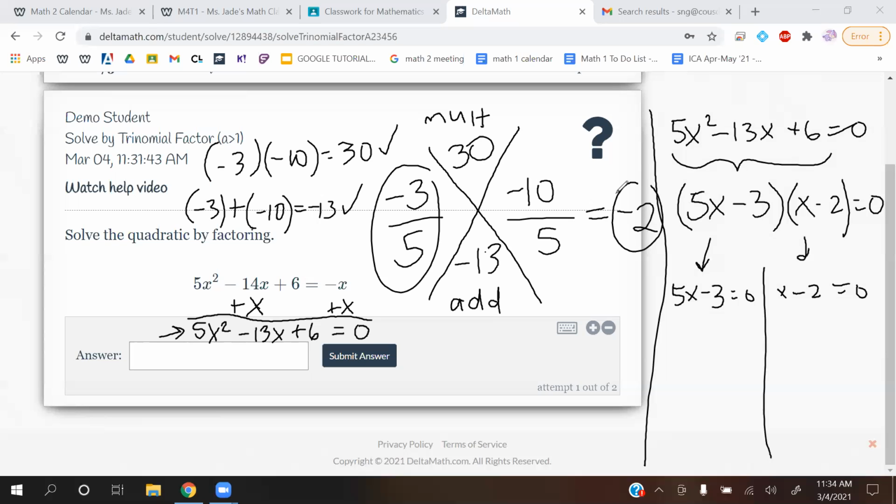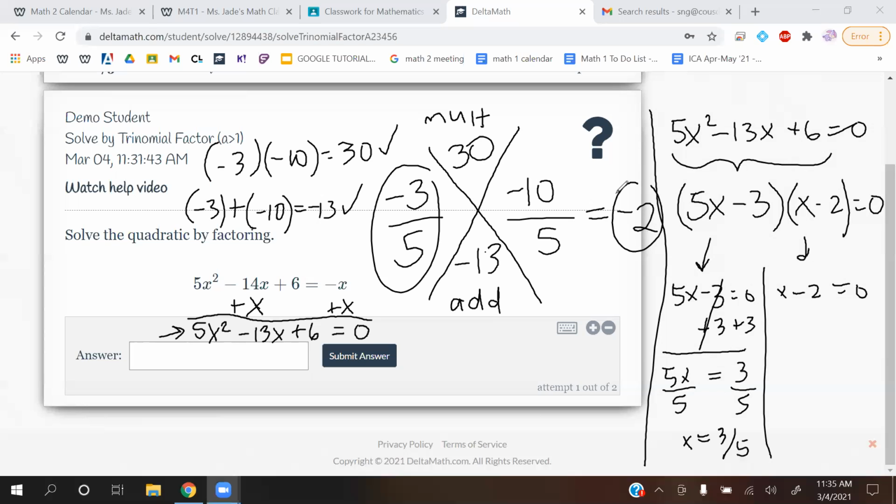Let's solve the one on the left side. So you can add 3, then that cancels out. You get 5x equals 3. Then you divide by 5, x equals 3 over 5.